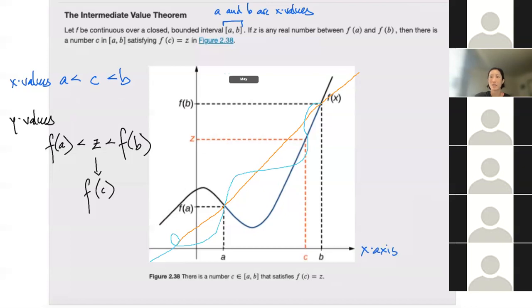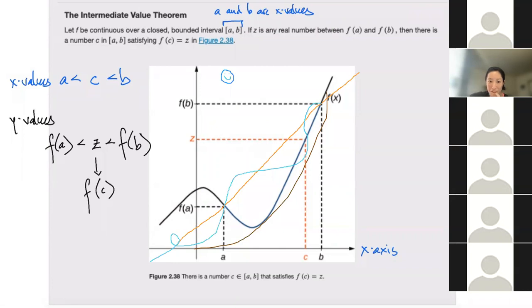I think it looks a little different from the presenter's view. Yeah, you can go to view option and then you should see annotate.